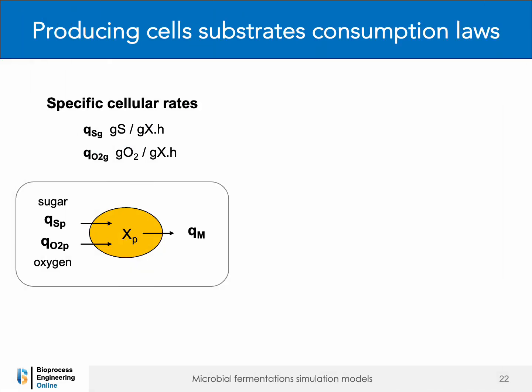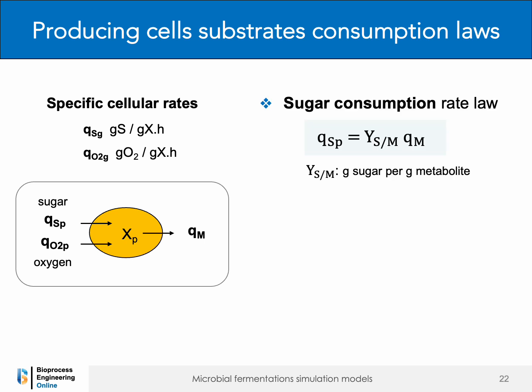For producing cells, the specific sugar consumption rate, QSP, is assumed to be proportional to the specific metabolite production rate, QM. QSP equals YS over M times QM, where YS over M is the stoichiometric coefficient, expressed in grams of sugar consumed per gram of metabolite produced.